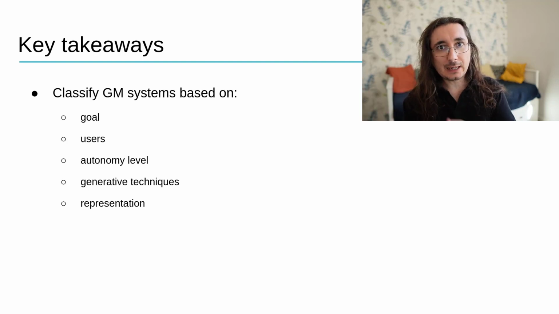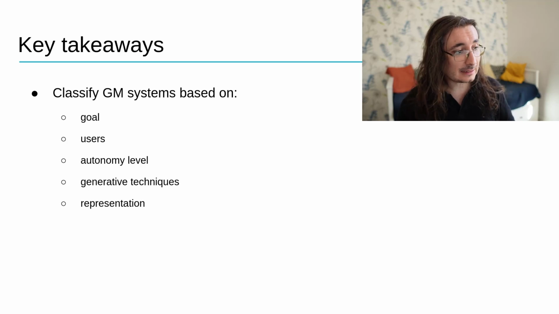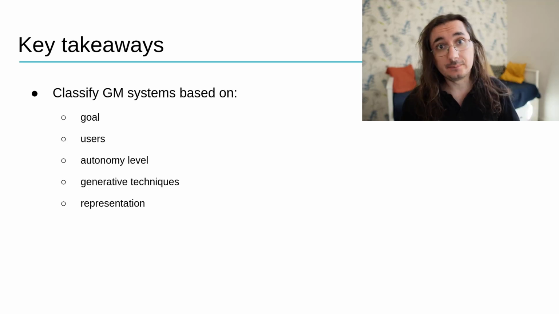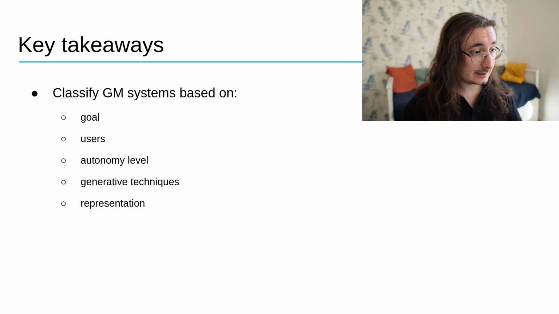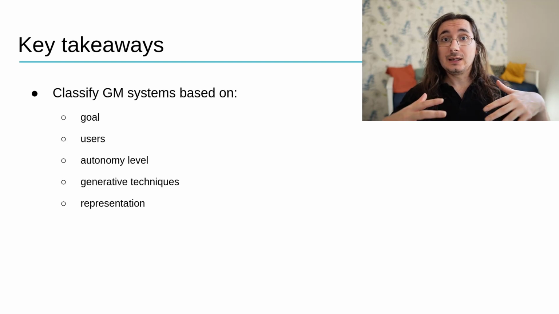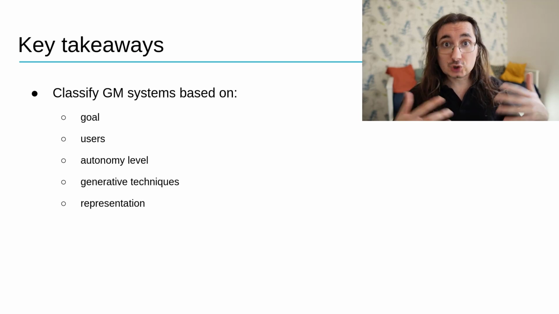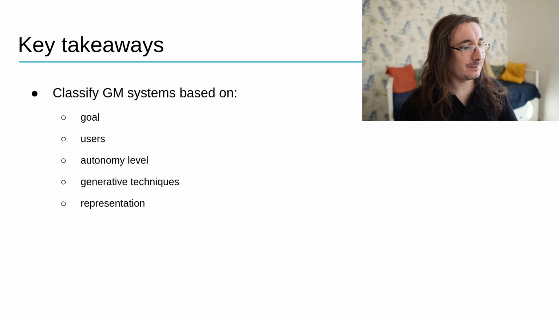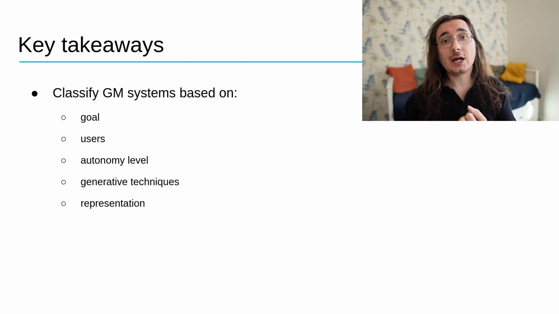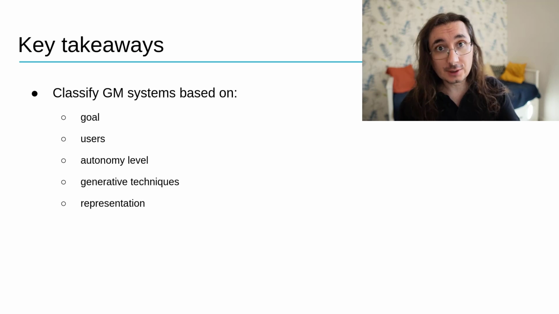The first one is about the goal of the system. The second is about the user of the system. Then we interrogate ourselves about the autonomy level of the system, and then we can ask ourselves what are the generative techniques used by the system and what is the type of music representation used by the system.